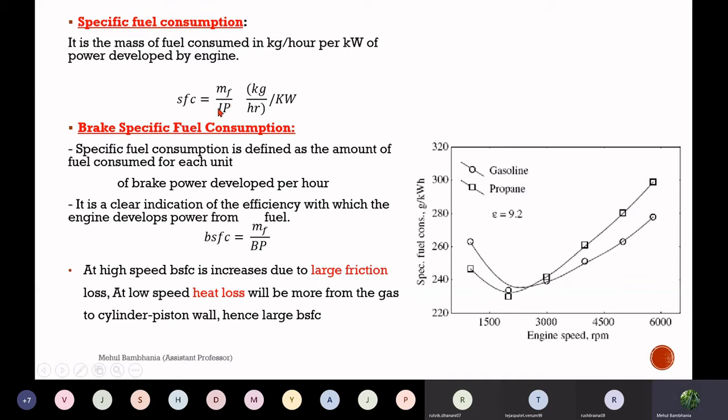If it is indicated power, it is referred to as specific fuel consumption, and if it is brake power, then it is referred to as brake specific fuel consumption. And this is more important for us. This is theoretical, but actually we are interested in brake power. So brake specific fuel consumption gives you an idea about how much fuel it will consume to produce 1 kilowatt of brake power.